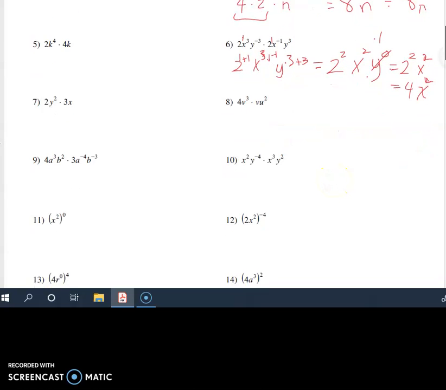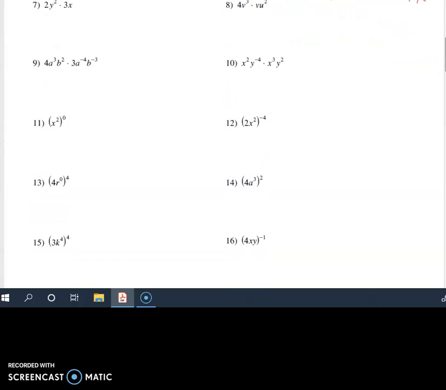So jumping down a bit, let's look at number 10. We have an x base and a y base. Why don't you go ahead and do this one? I think the answer is going to be: the exponents on the x get added as well as the y.